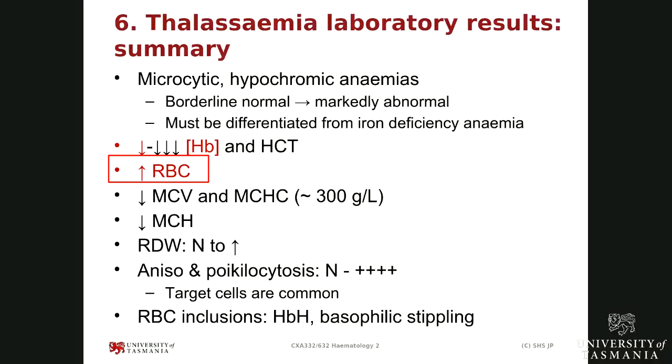The basophilic stippling is not alpha globin chain precipitation. It's more the degradation of the cytoplasmic RNA that's causing that stippling. Basophilic stippling, everybody saw last week, I think, in our film. Hemoglobin H you only see in the supravital stains, the same sorts of stains that we use when we are staining for reticulocytes.